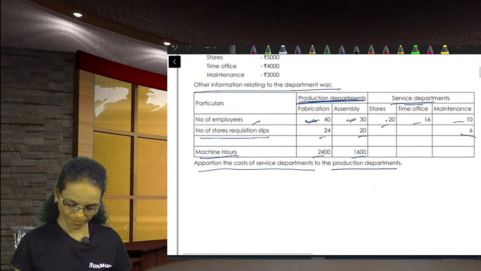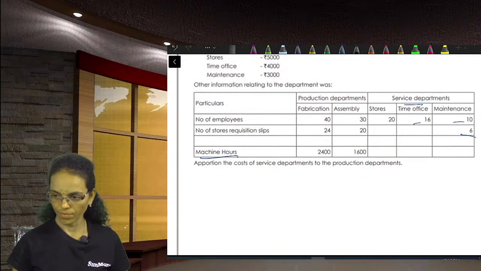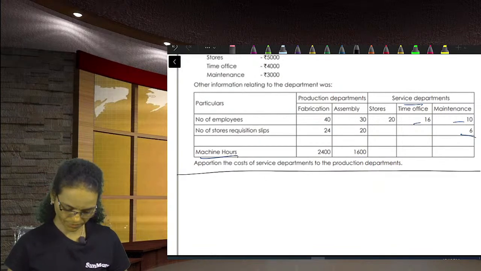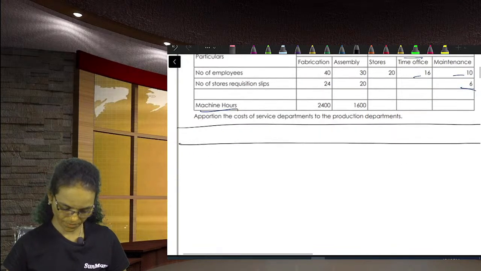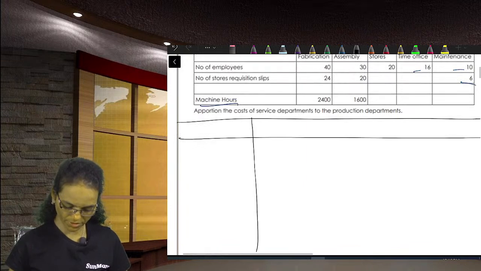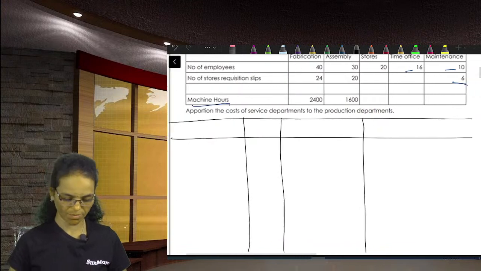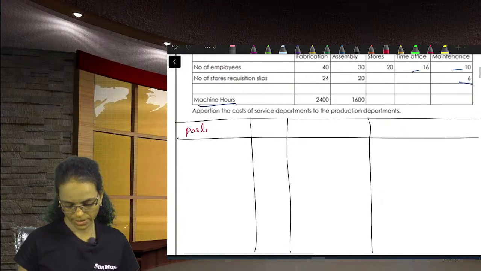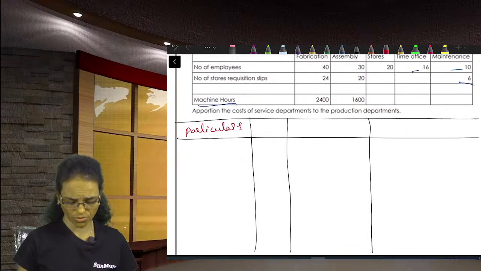We'll take a table. This is for particulars, this is for the total, this is for the production departments, this is for the service departments. Particulars or expenditure, we can say expenses also.